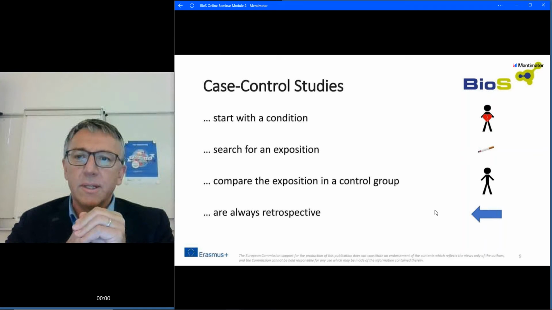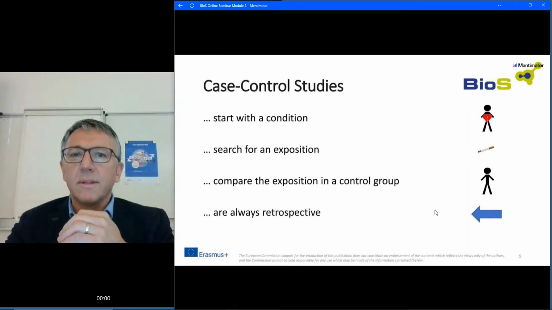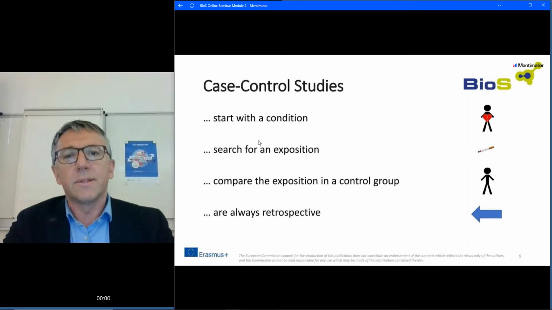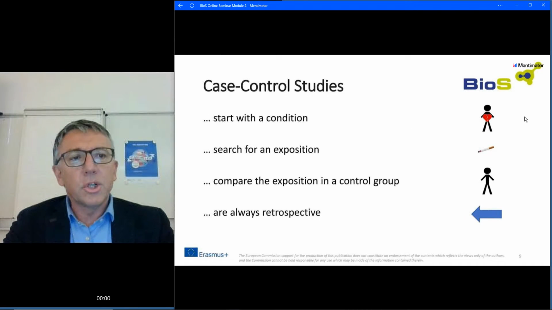A case control study identifies individuals that have a condition, and then they look, for example, for an exposure. In this example, the condition would be a heart attack.